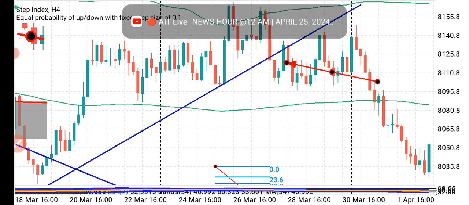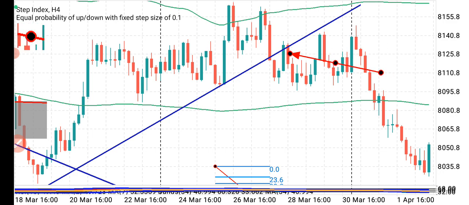Here we couldn't get a good candlestick pattern. Price came back, pulled to our trend line, and gave us this bearish engulfing candlestick pattern, which is a retest of our trend line. And after this, you will have your entry here.